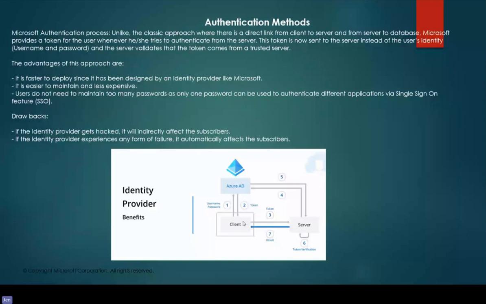So this is exactly what Microsoft thought about, and they started selling to organizations that need it. Of course, Microsoft is not the only identity provider that exists. We have Google, we have Okta, we have Apple. There are so many identity providers out there. However, because we are narrowing it down to this class, we are discussing Microsoft Active Directory.